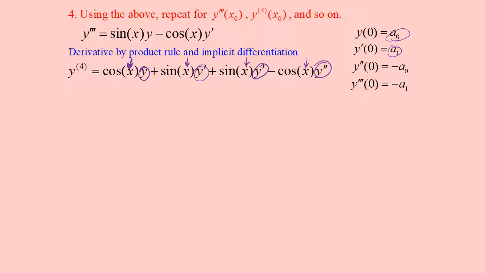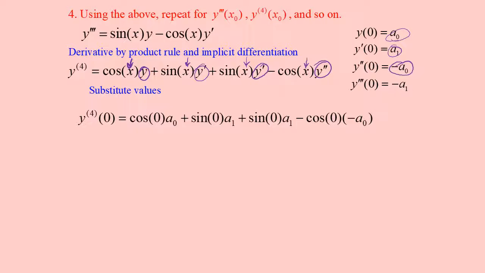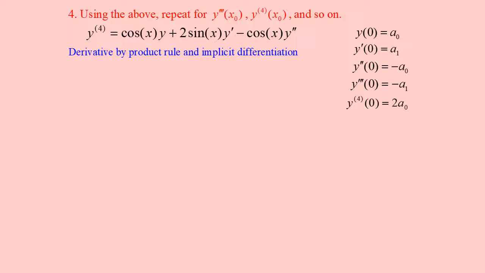For the y double prime, we substitute a negative a0. Now, as you can see, doing these derivatives is getting to be quite a chore. What I suggest is instead of continuing to do derivatives by hand, we utilize our Ch30.